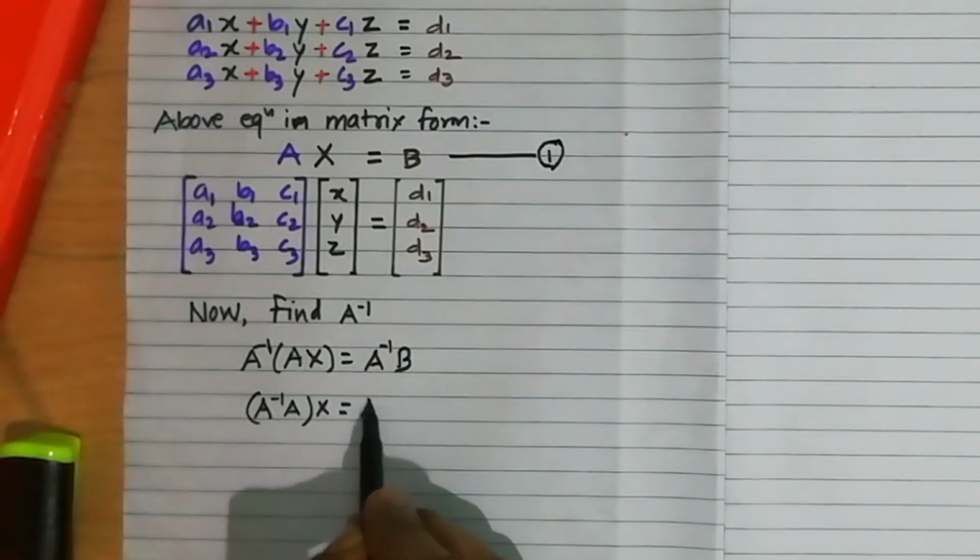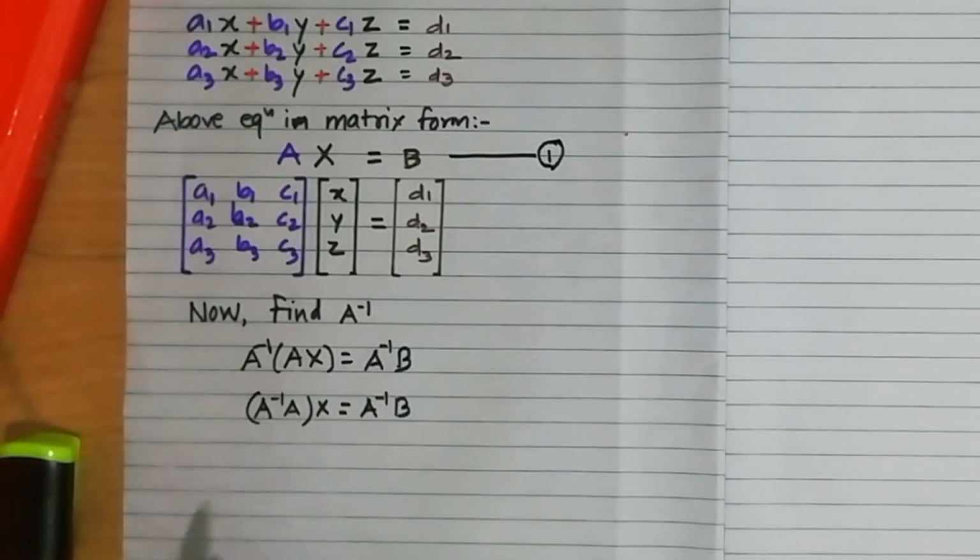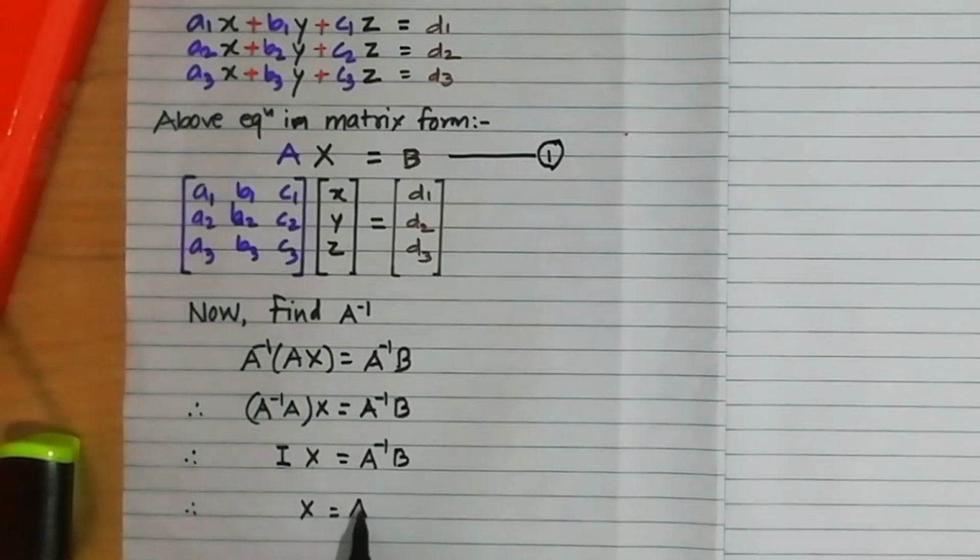A inverse into A is the identity matrix, so I into X is equal to A inverse into B. And therefore I into X is actually X, which is nothing but A inverse into B. So finally we get the equation X is equal to A inverse into B.